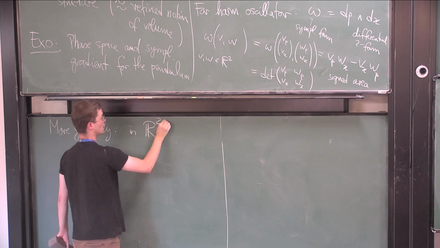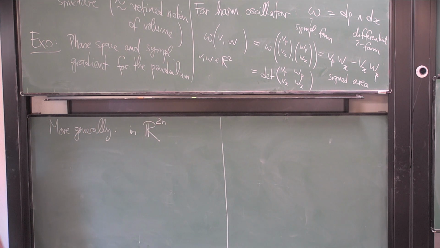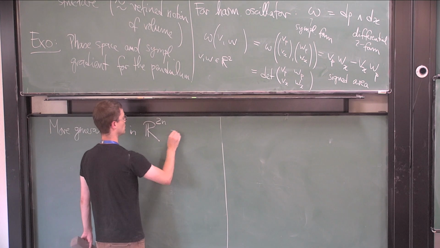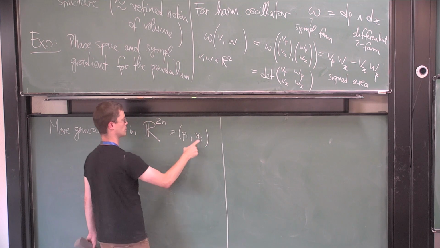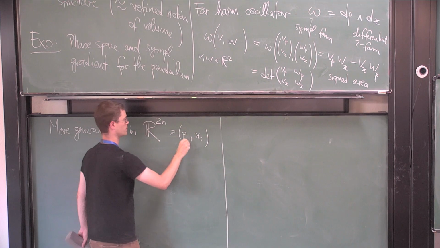You'll see why, but we always have to put an even number of dimensions. In R2n, you have coordinates pi, xi.